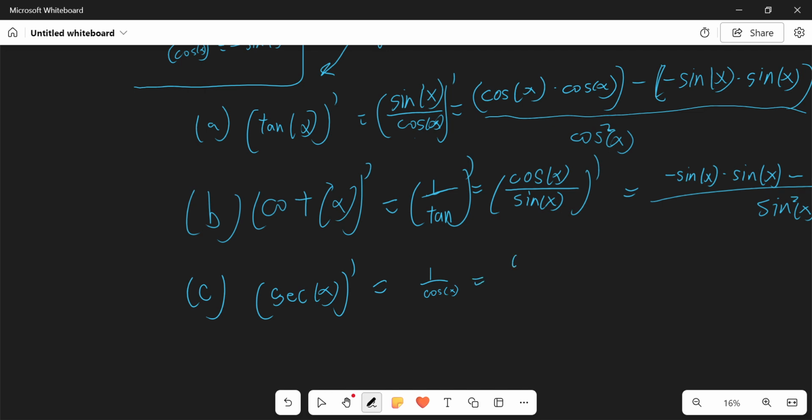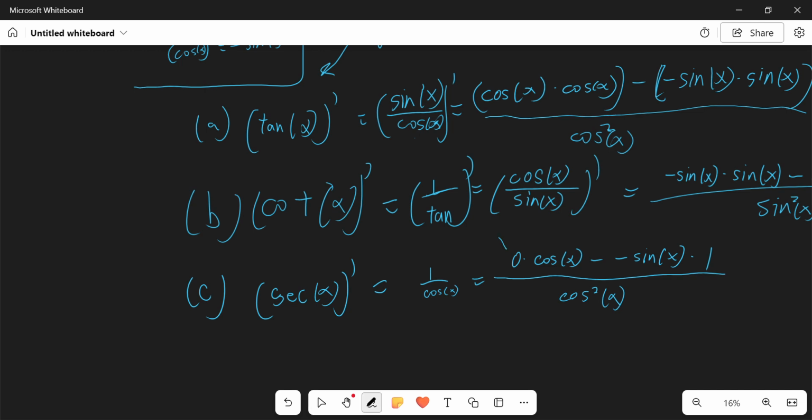Using the quotient rule, we will be getting this.